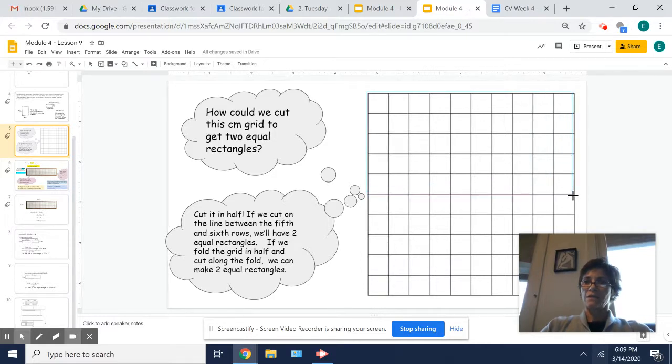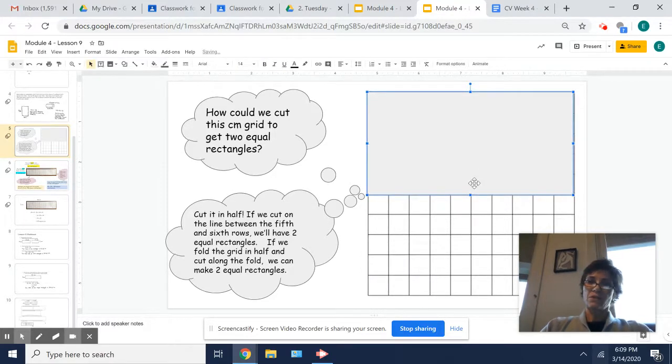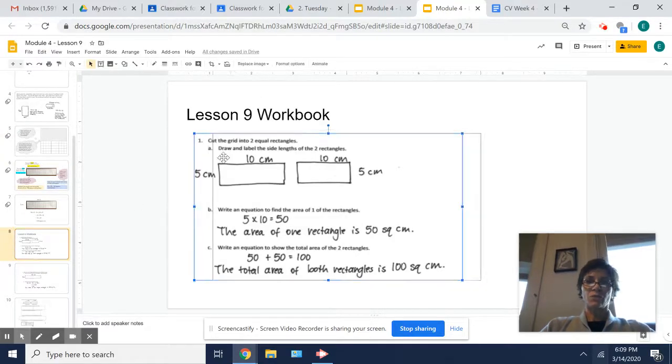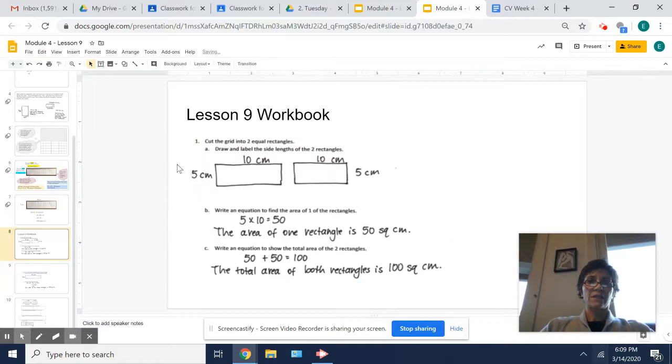So this rectangle is exactly the same as the one below. Now imagine that you cut them and put them side by side. You will have two rectangles that are exactly the same, with the short side that's 5 centimeters and the long side that is 10 centimeters.